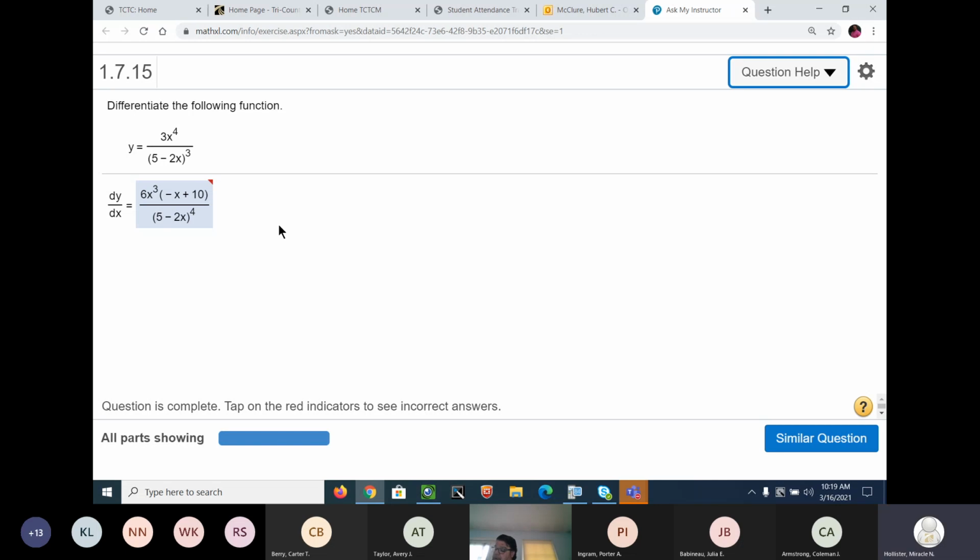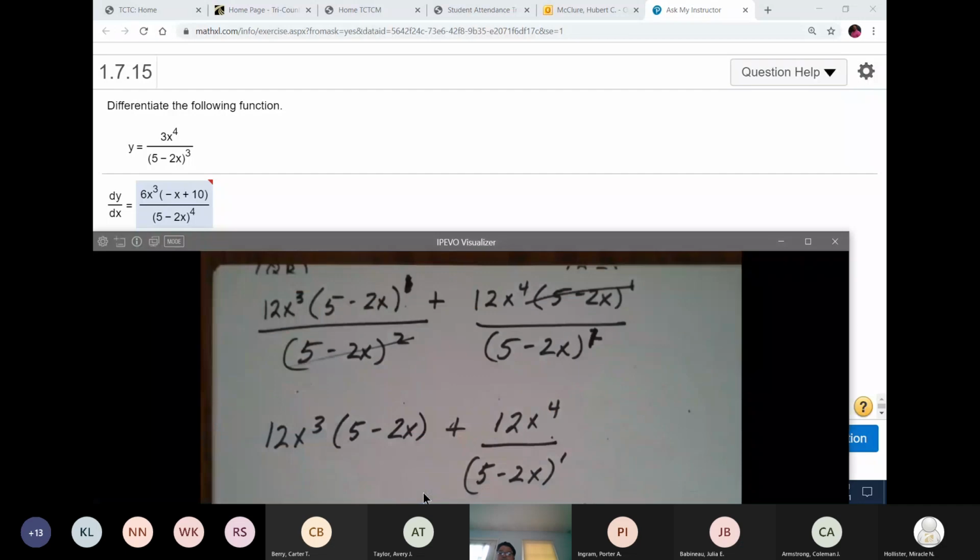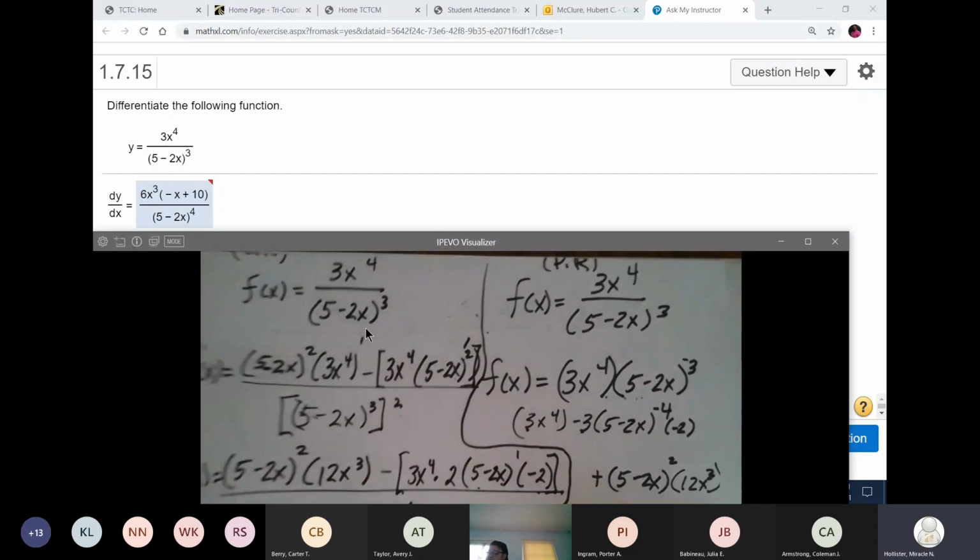Hubert, for the top, I got 60x to the third minus 6x to the fourth. I'm sorry, for the what? For the top of the fraction. The bottom I got the same, but the top I got 60x to the third minus 6x to the fourth. Are you talking about doing the quotient rule? Yeah, that's what I did.